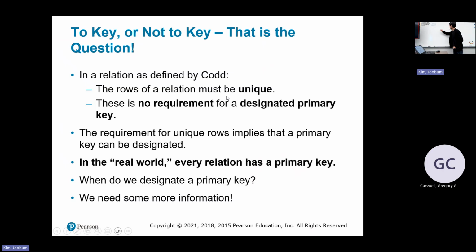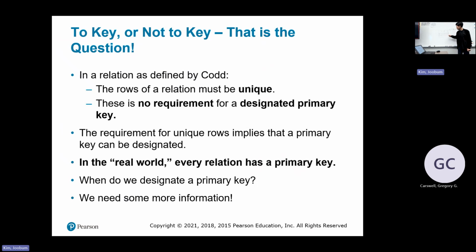So if you have a table like that, the rows are unique, not the same. And in his relation or table, there is no mention of a primary key. So in his table, there's no primary key. That can be possible because each row is unique.